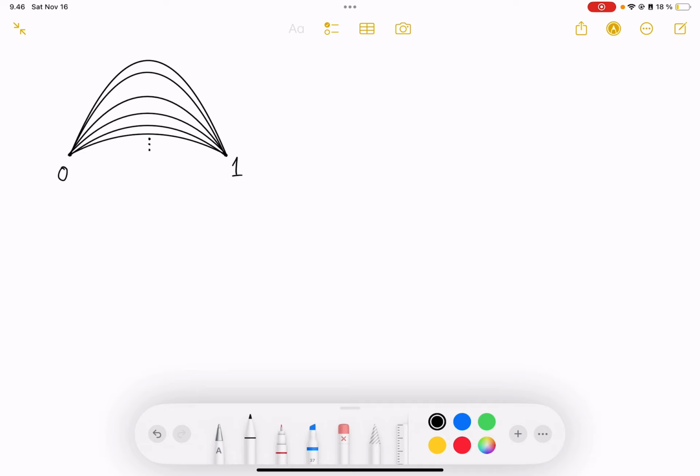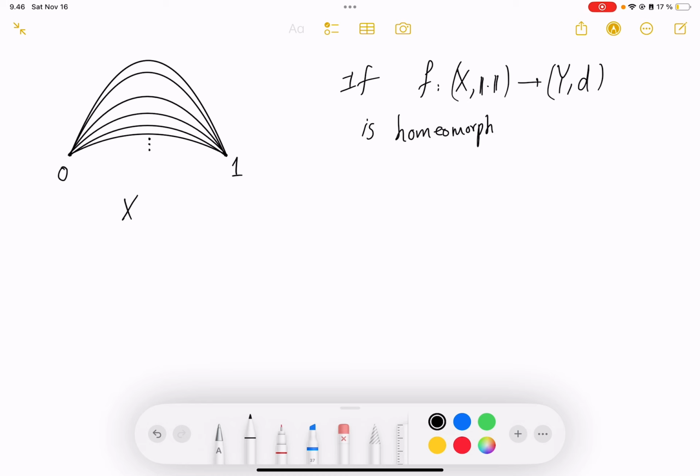We claim that if f is any homeomorphism from this X, equipped with the Euclidean distance, to another metric space Y, then H1 computed inside Y, that is Hausdorff 1-measure with respect to the distance d of the image of X, will have infinite measure.